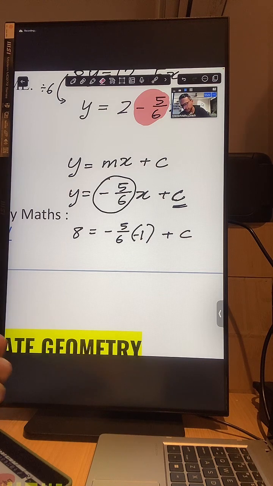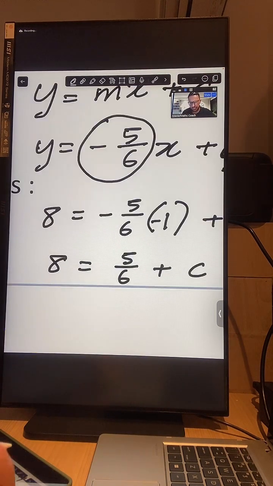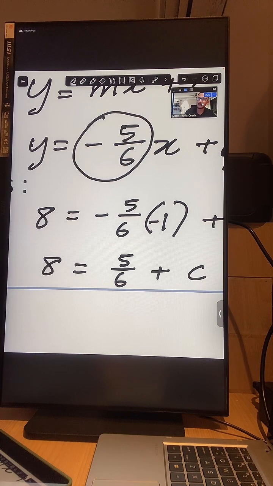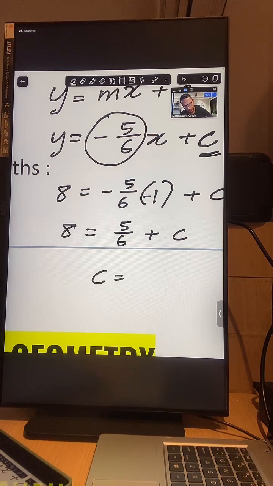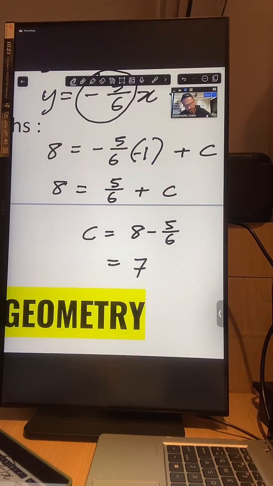Let me do one more step. So you have 8 equals to 5 over 6 plus c. This negative 5 over 6, when you multiply with negative 1, becomes 5 over 6. So your c here will be 8 minus 5 over 6, and 8 minus 5 over 6 will give me 7 1 over 6.